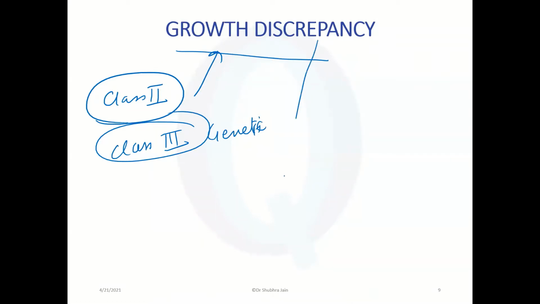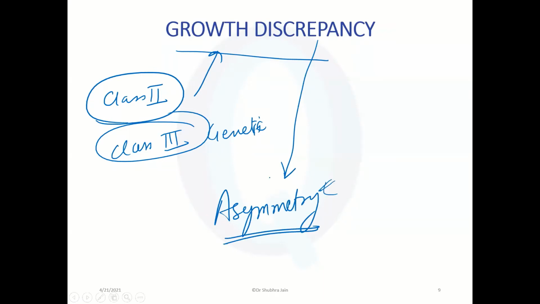The other main malocclusion due to growth discrepancy is asymmetry. When there is asymmetry of the face, you have to suspect a growth discrepancy. Class 2 is less related to genes than to growth discrepancy.